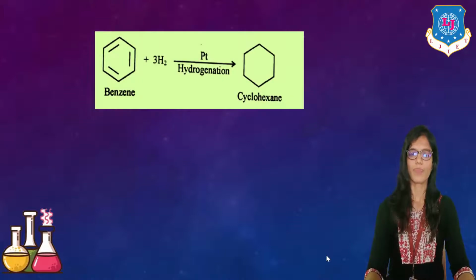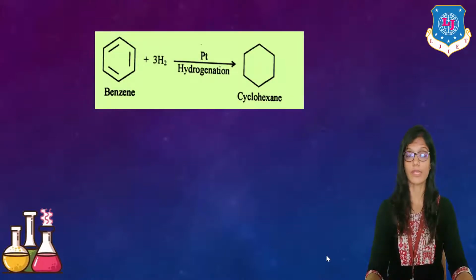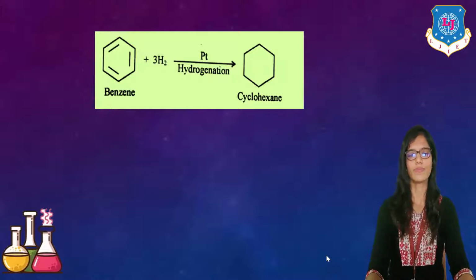Now let's see another example of hydrogenation, because it plays a very important role in different organic processes to get different important products. As you can see here, we have benzene. Benzene will react with 3 parts of H2 in the presence of platinum.